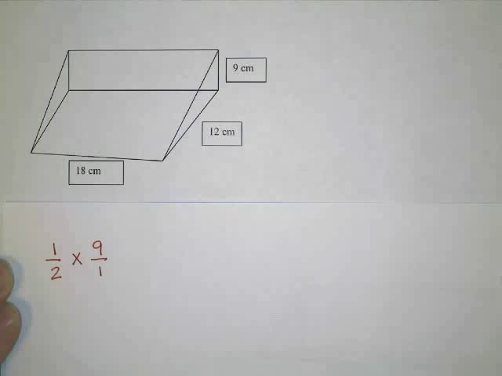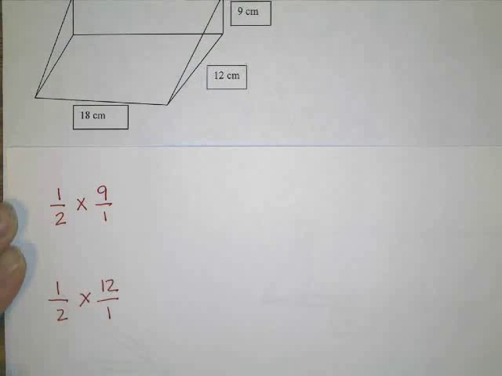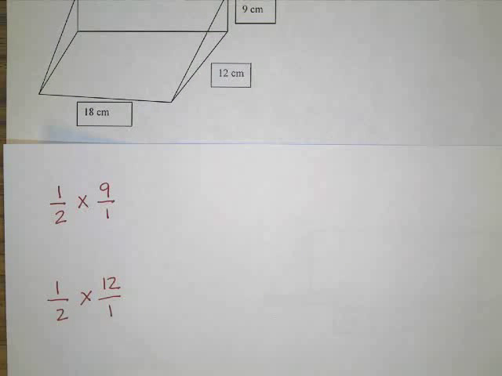How many of you say yes? How many of you say we're taking 1/2 times 12 over 1? How many of you are like, no, neither one, Mrs. Miller? How many of you are awake today? Somebody has to have an opinion.